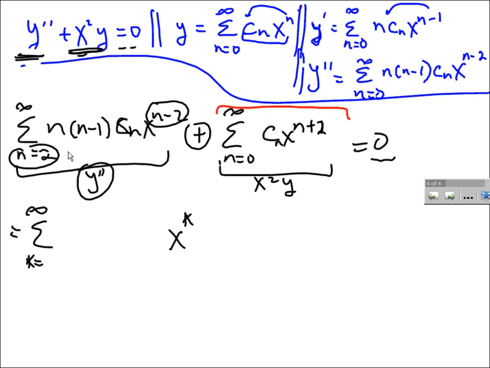It's 2 minus 2 is 0. So if this power is k and I want it to start at 0, I should let k start at 0. Okay, so we're now starting at 0. Well, when n is 2, that factor should be 2. Well, since k is 0, I'll do k plus 2.